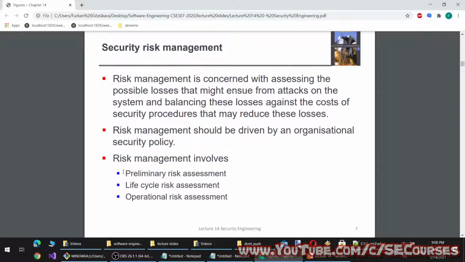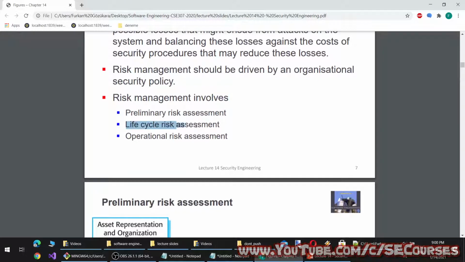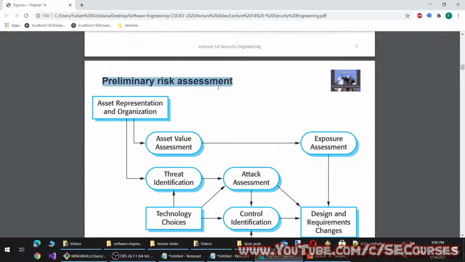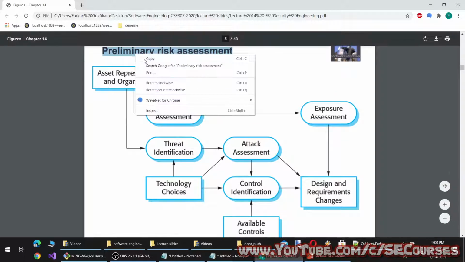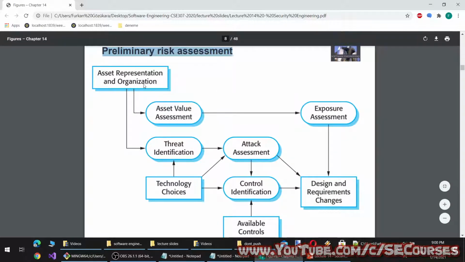So risk management involves preliminary risk assessment, lifecycle risk assessment, and operational risk assessment. The preliminary risk assessment is like below. Asset identification and asset value assessment, threat identification, and exposure assessment.